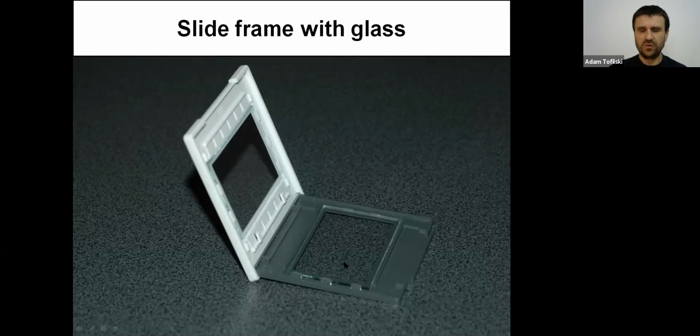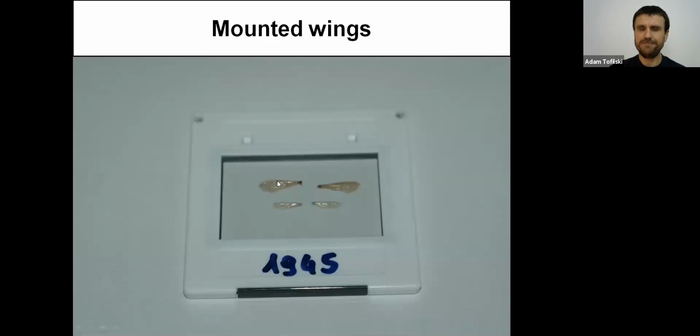Normally there was no glass, but more expensive frames were designed to protect the film from scratches or getting fingerprints. So here there are two pieces of glass and the wings can be placed between them. So then we have kind of mounted wings.